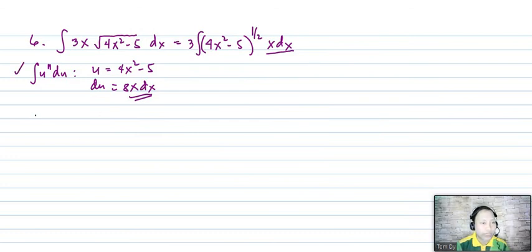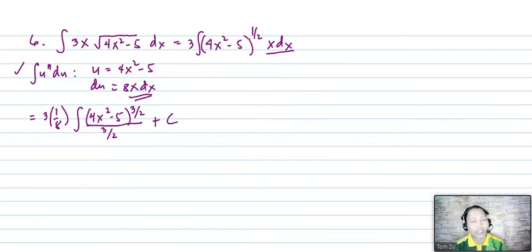So that our final answer is 3 times the reciprocal of 8, that is 1 over 8. The integral of this one, that is 4x squared minus 5 raised to 1 half plus 1, that is 3 over 2, divided by 3 over 2 plus c. Take note, 1 half plus 1 equals 3 over 2.